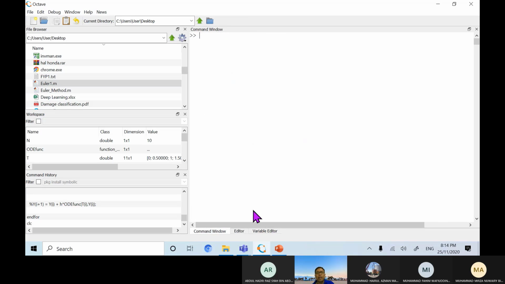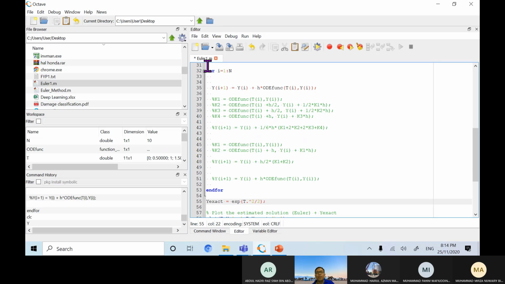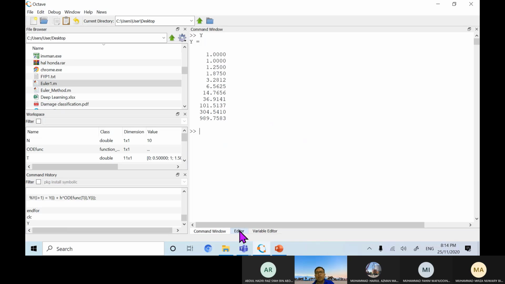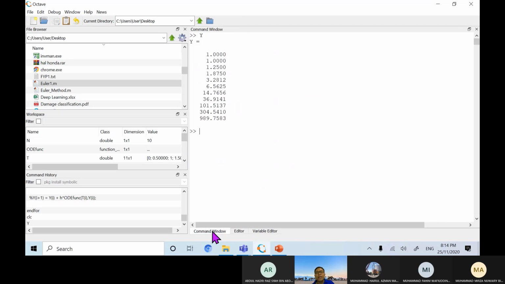So now if I cut y, you will get the estimated solution of your y. Nampak? Tadi kan dia dapat tadi 1000 kan? Sekarang ni once you run this for loops ni, dia akan isi setiap satu y itu menggunakan Euler Method, the estimated solution for each of your t.